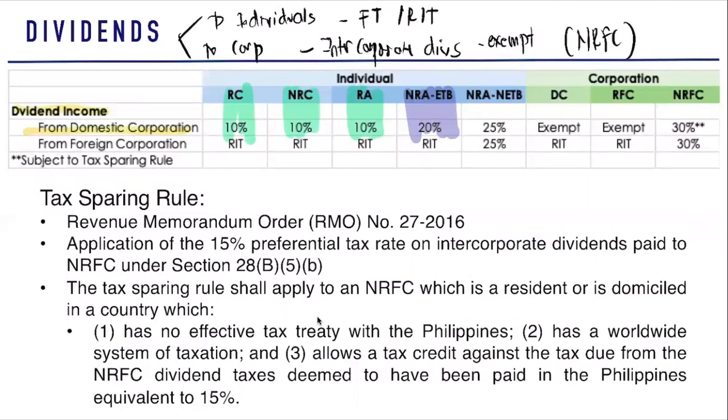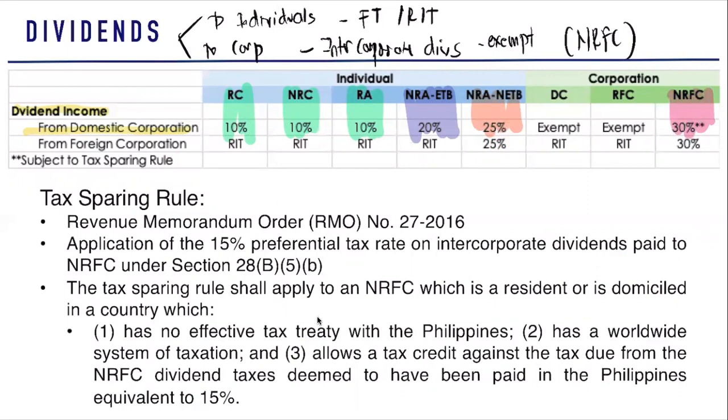We have your non-resident not engaged in trade or business. It is subject to 25%. And then we have your NRFC, which is now subject to 30%. Okay, so here, guys, take note.